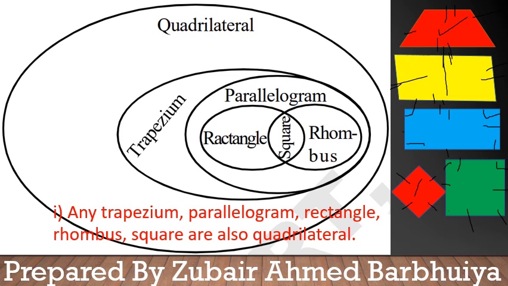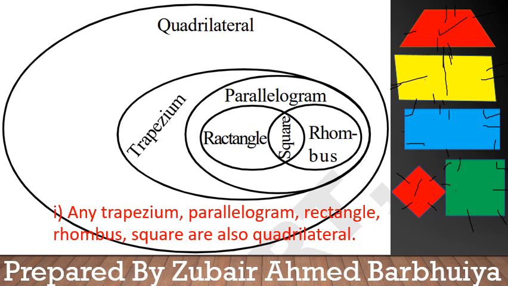This is called a square. All these figures have four sides, so they are called quadrilaterals. They are trapezium, parallelogram, rectangle, rhombus and square.